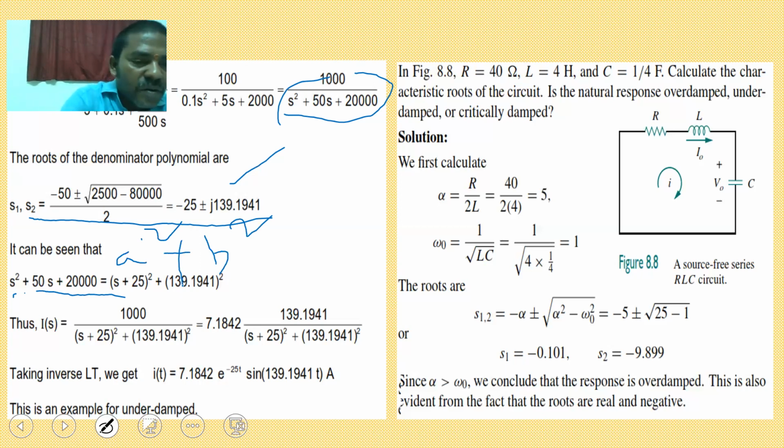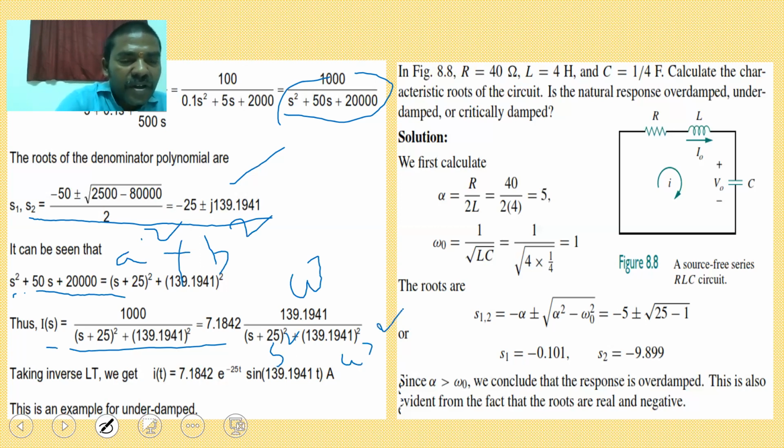So I(s) we are writing as 10,000 divided by (s + 25)² + 139.1941². That is equal to 7.1842 × 139.1941 divided by (s + 25)² + 139.1941². Now this is your omega value, and this is your omega square value.